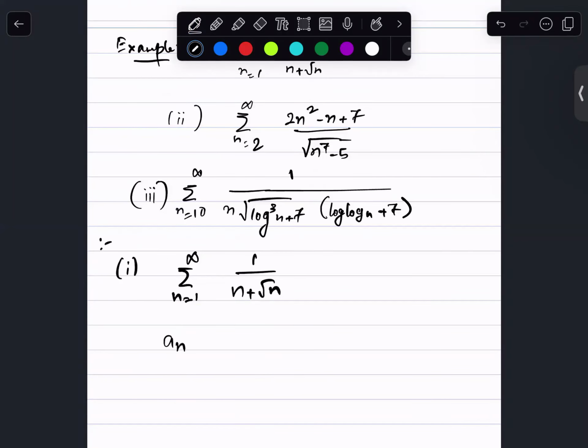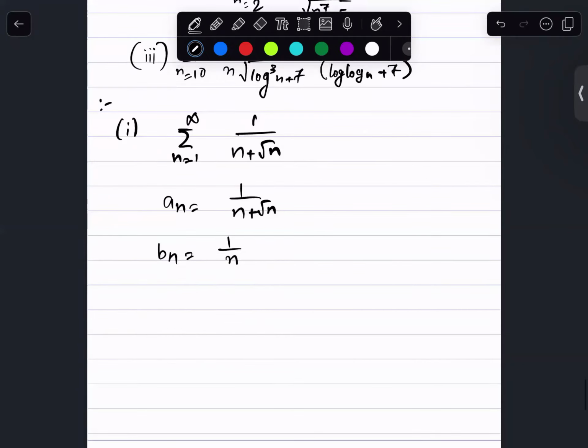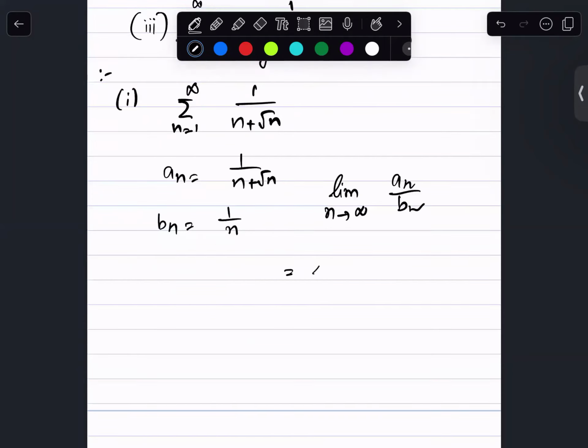So my an, if I choose that to be this, then I have to come up with bn. And in this case, I have to take that to be 1 over n. Why? Because you will see in a while. So if I take the limit as n tends to infinity of the ratio an over bn, that will be limit n tends to infinity of 1 over n plus square root n over 1 over n, which is, in other words, limit n tends to infinity n over n plus square root n.